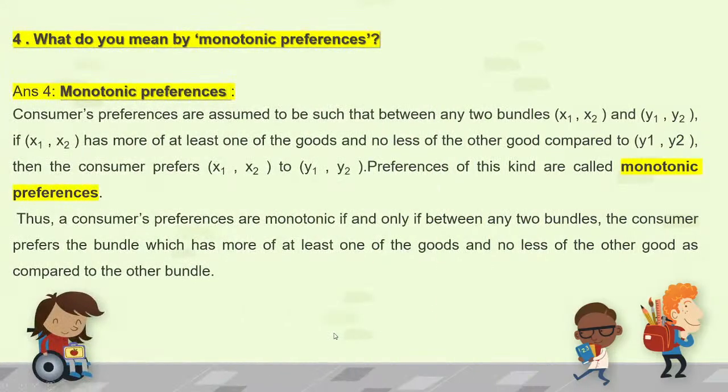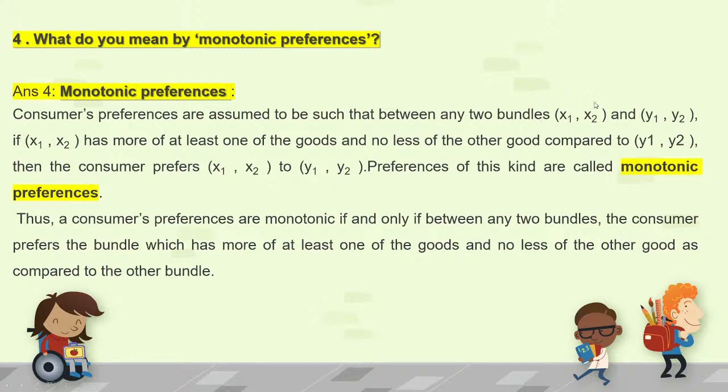Now what are monotonic preferences? As the name itself suggests, it shows a particular pattern. Suppose consumers' preferences are such that between any two bundles, or sets, available, the first bundle is x1 comma x2, and the second bundle is y1 comma y2.